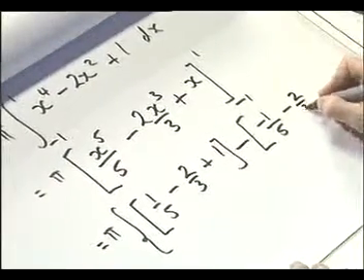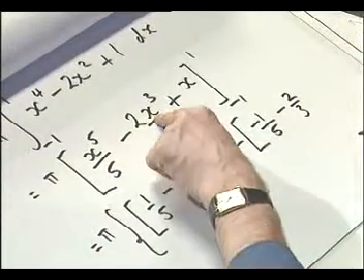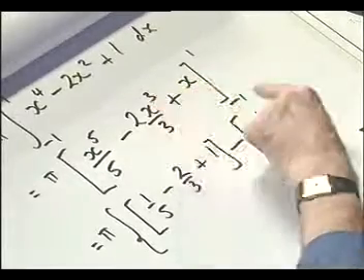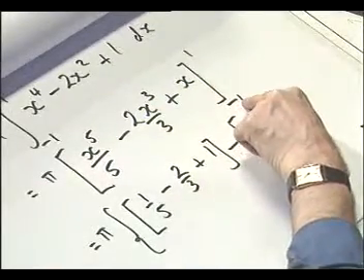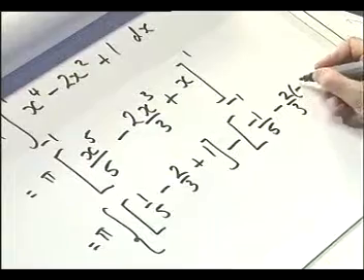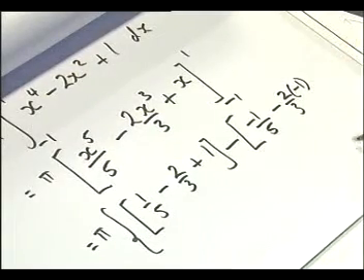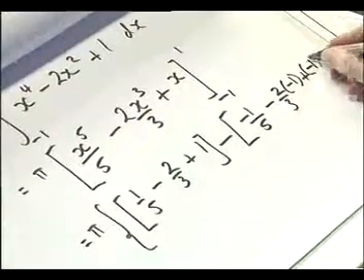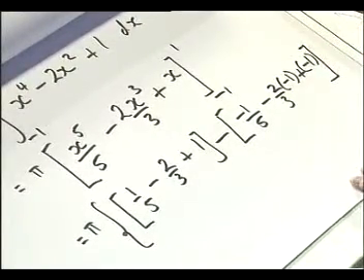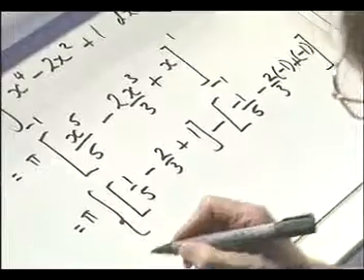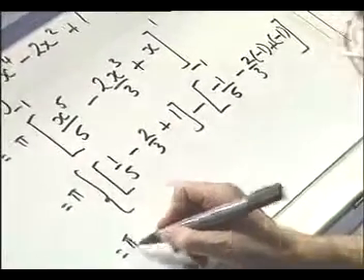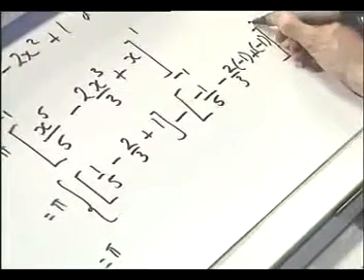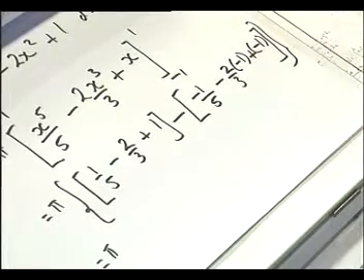Minus 2/3 of, now x is cubed, so it's minus 1 cubed, and that is minus 1. And then plus, and we're putting minus 1 in, minus 1 there. Equals pi. I just need to squeeze in a bracket, just to close that bracket.